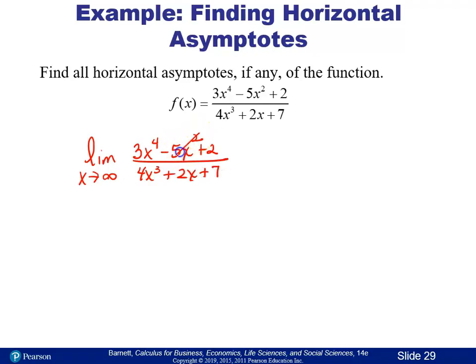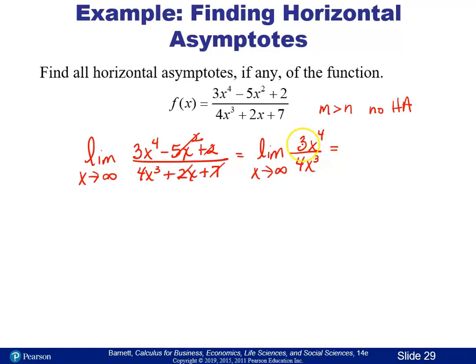Basically these are insignificant terms, so I'm really just looking at the limit as x goes to infinity of 3x to the fourth over 4x to the third. We just talked about the case when the degree of the numerator, which was m, is greater than the denominator. When that happens, there is no horizontal asymptote.